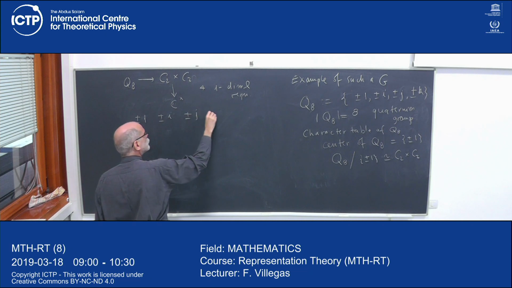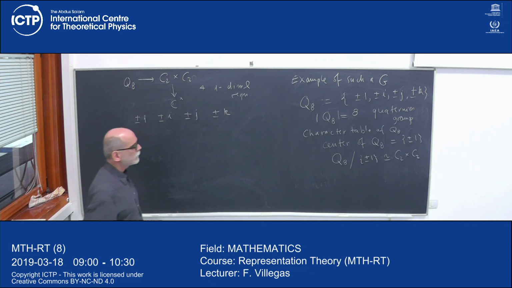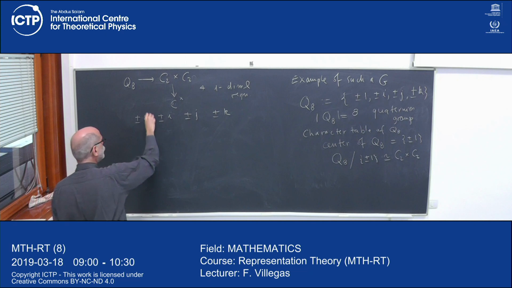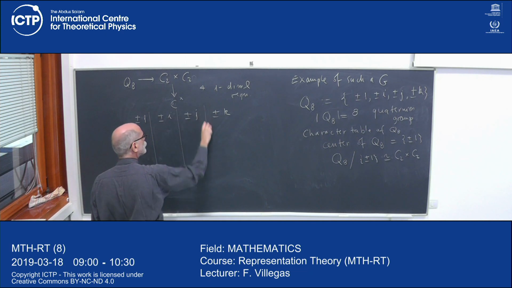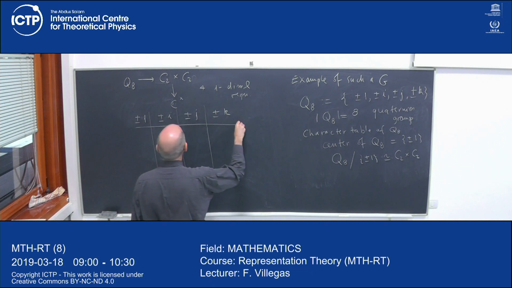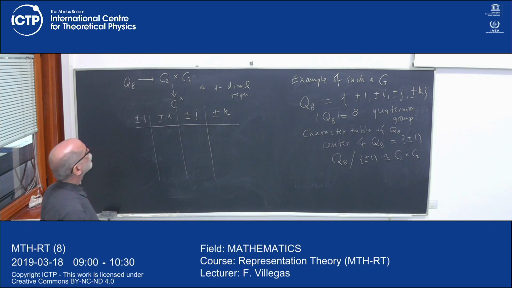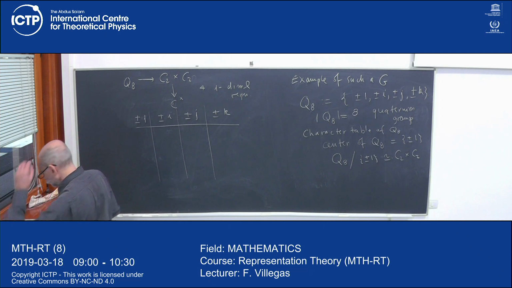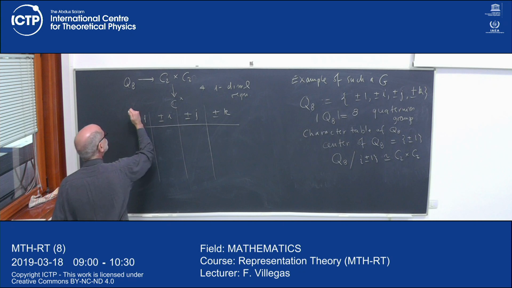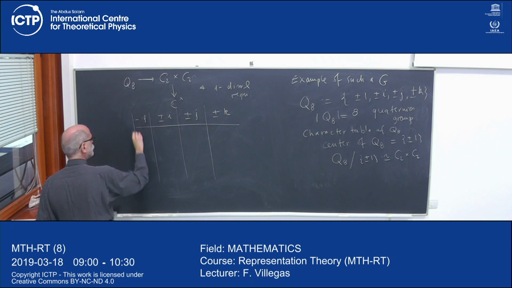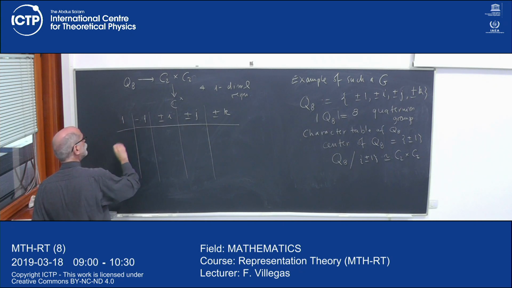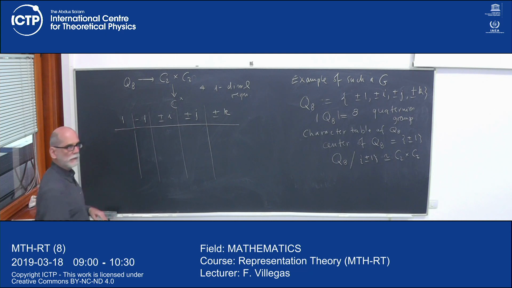So I think I'll just leave it to you to check that in fact there are, this should be 5 actually, conjugacy classes. 1 and minus 1 in the center, their own conjugacy class.